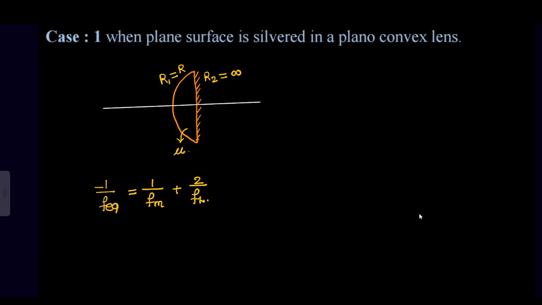Where Fm means the focal length of a mirror. Let's first find the focal length of the mirror. For a mirror, the focal length is given as R by 2, where R is the radius of curvature.